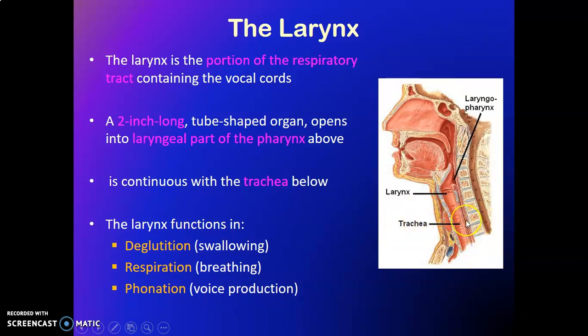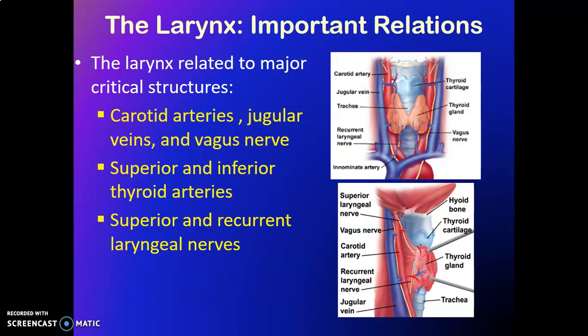It subserves 3 major functions. The larynx has a role in swallowing, a role in respiration by carrying the air from the pharynx into the larynx and into the trachea, and because it contains the vocal cords, it has a role in phonation, voice production.